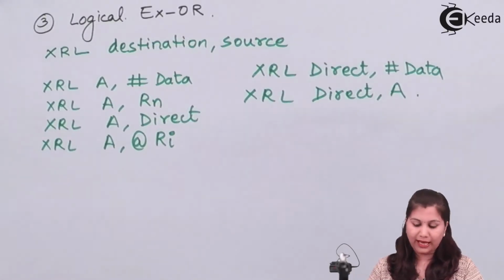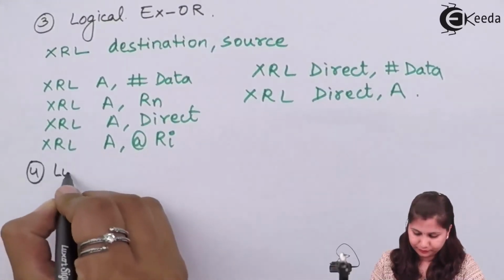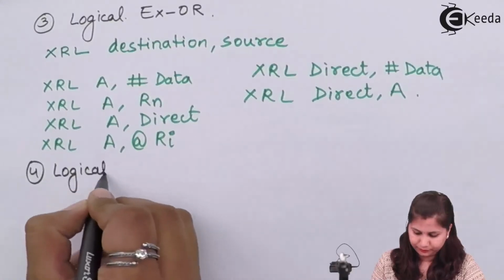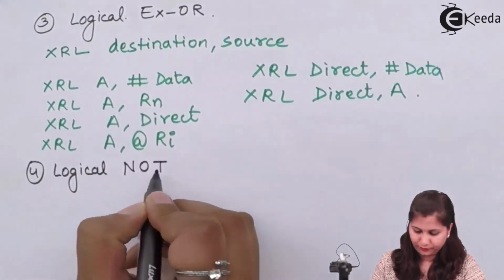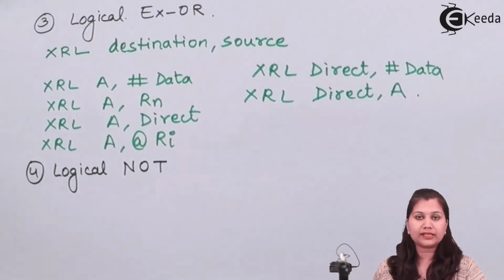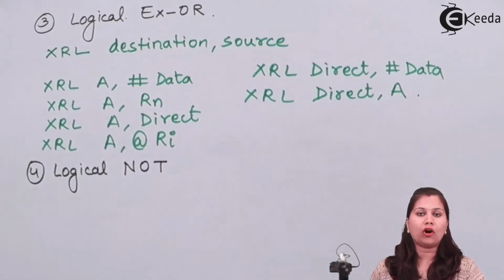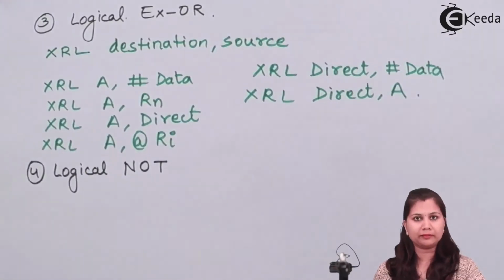Next instruction we have in this category is the logical NOT instruction. The logical NOT instruction complements the operand, means if the bit is 0, then it is reversed and becomes 1, and if the operand has 1 as the bit, it will be reversed and become 0.